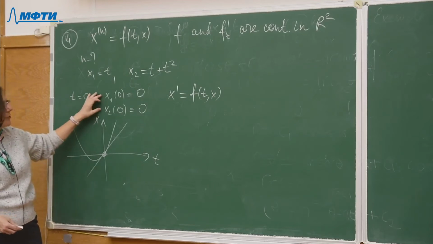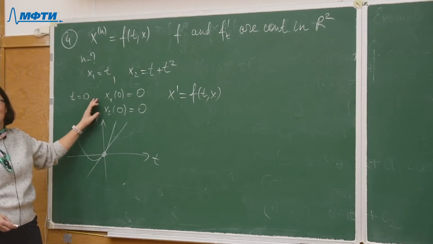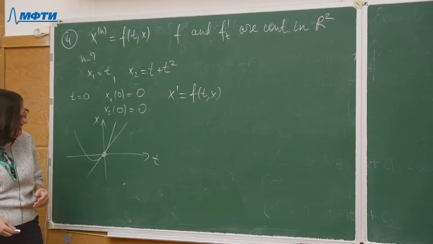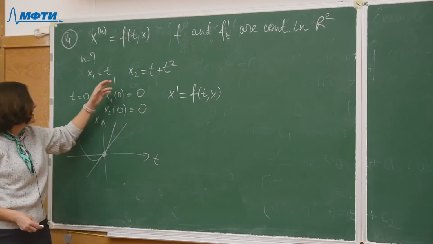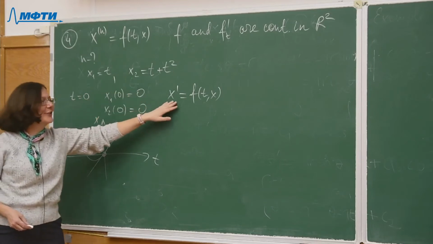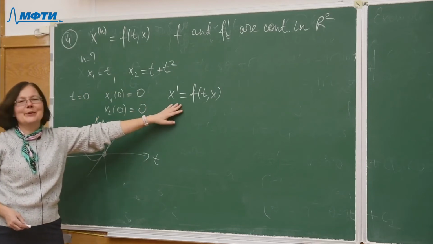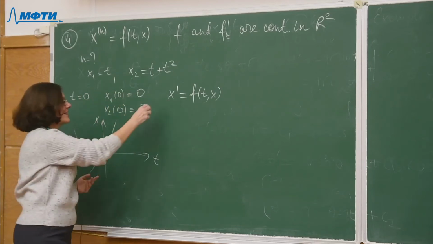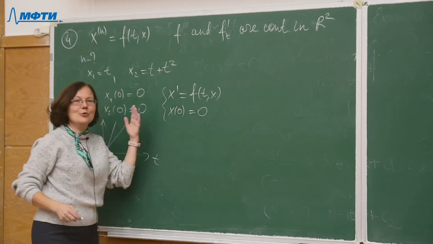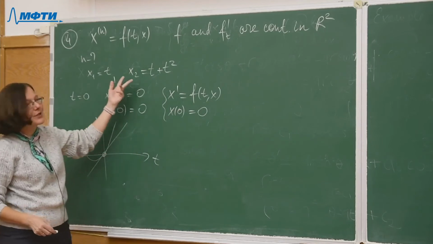For both solutions, we have this, but the functions are different. Right, so it is impossible for these two functions to be the solutions for this equation. Why? Because the initial value problem has a unique solution, but there are two solutions.